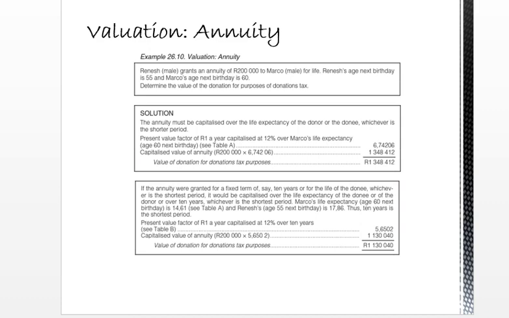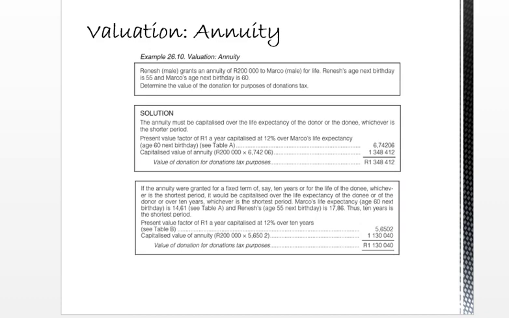So the annuity must then be capitalized over the life expectancy of the donor or donee, whichever is shorter. So in this case, Marco has a shorter life expectancy at 60.